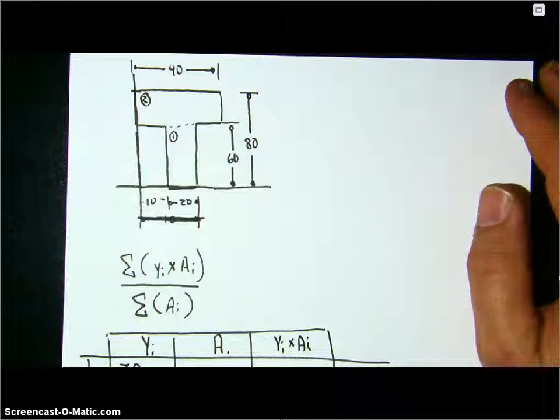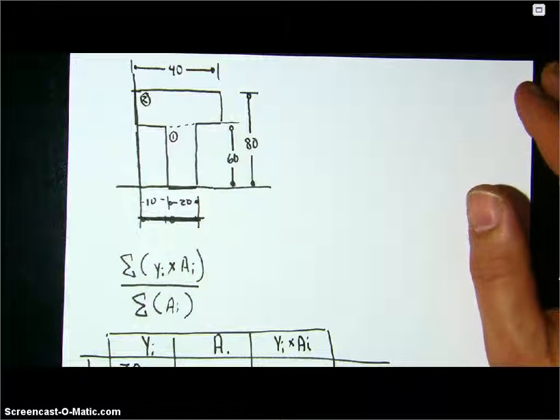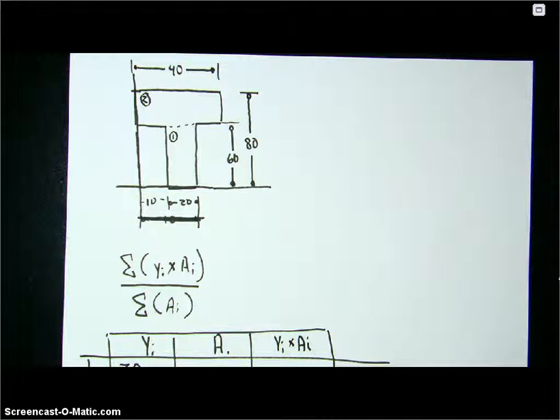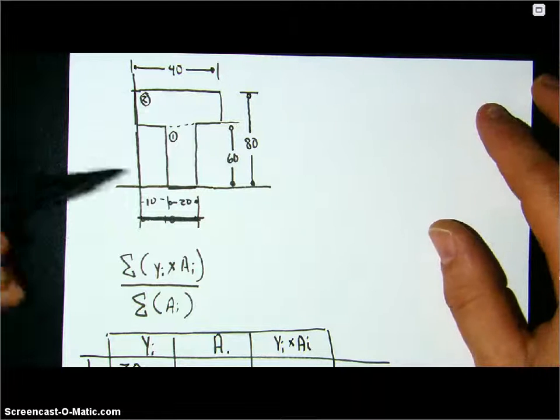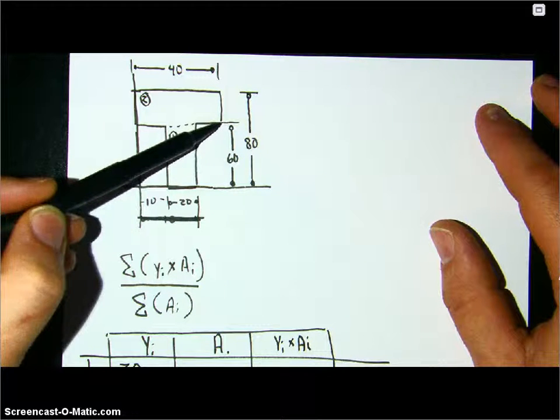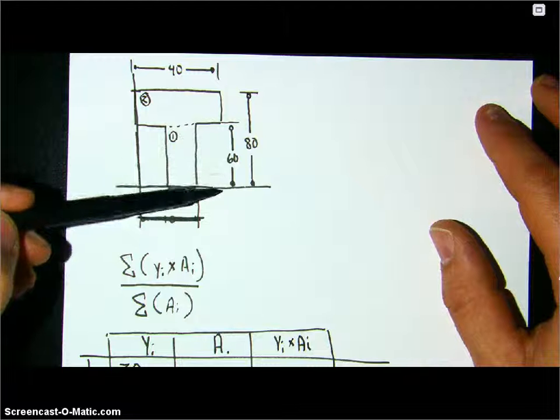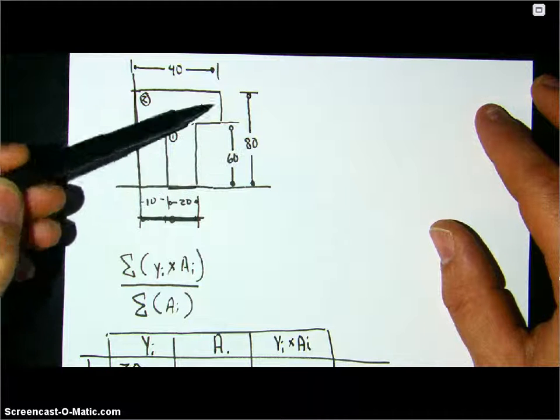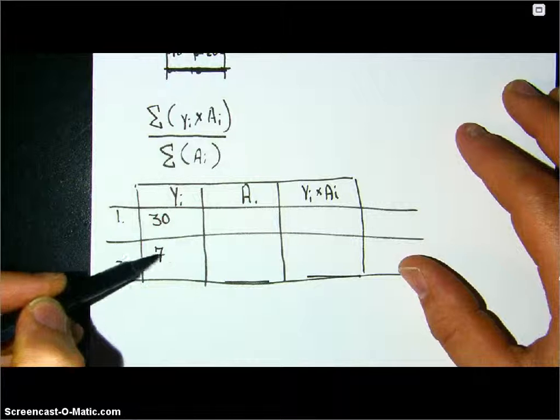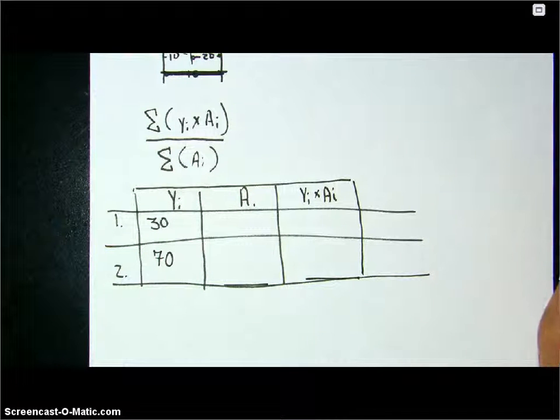Because if that rectangle was 100 feet above the reference line, it makes a huge difference than if it's only a foot above the reference line as far as the overall centroid location. So we're going to take half of this top shape, which was 10, and add whatever the distance is back to the reference line. So we get 60 plus 10, and we end up getting, for our y location up here, 70.